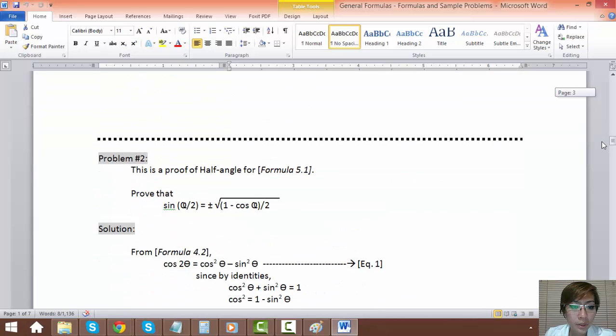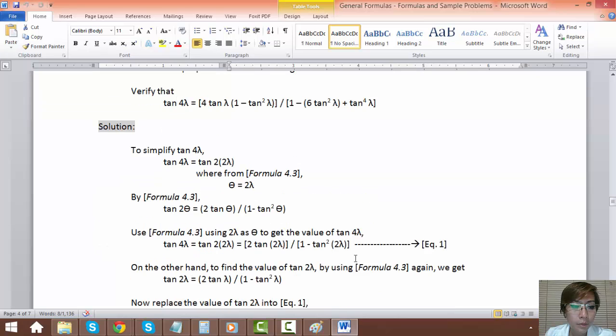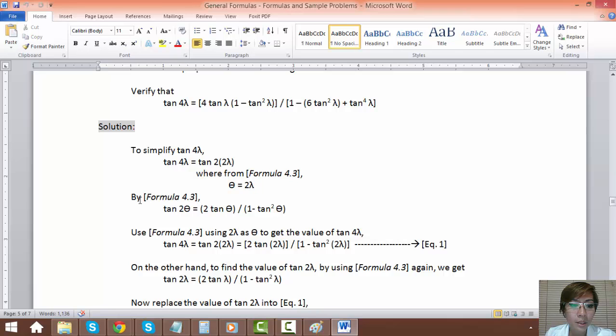So our theta now will be 2 lambda. If we follow formula 4.3, it states that tangent 2 theta is equal to 2 tangent theta all over 1 minus tangent squared theta. You can check that on the given formulas.